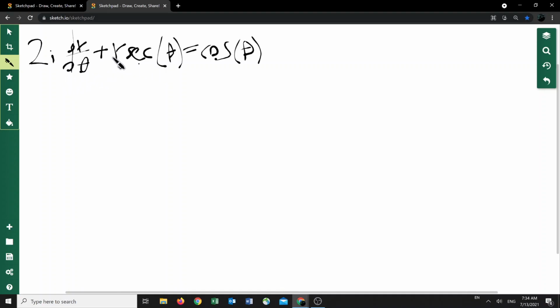Notice that this is already in standard form. One might get a bit confused here because this time we're dealing in the coordinate system r and theta. It's kind of like the transformation from r and theta, so you can think of this as the transformation x equals r cosine theta and y equals r sine theta.